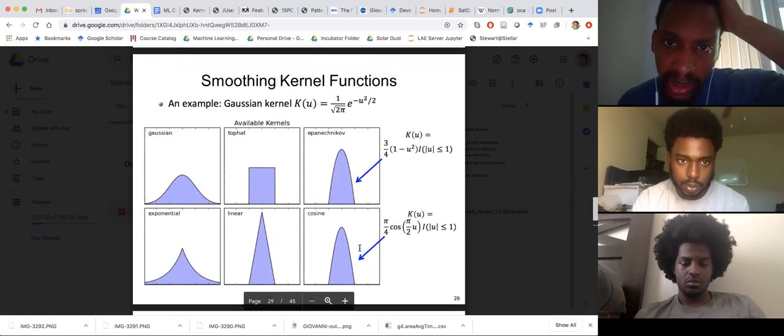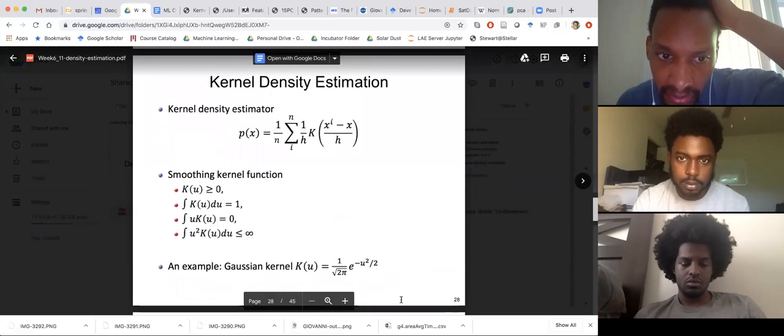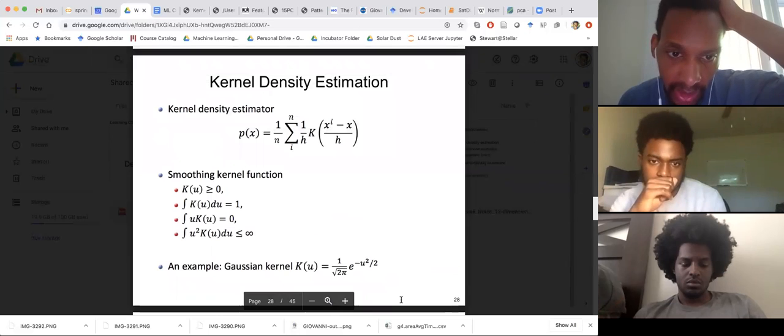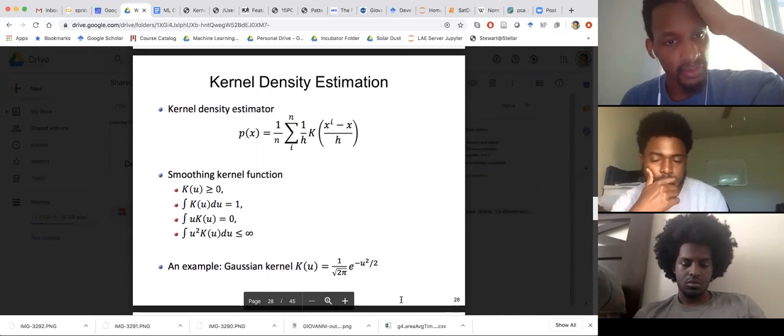Wait, can I look at that equation really quickly again? The integral of u K(u) equals 0. Do you know what u might be?